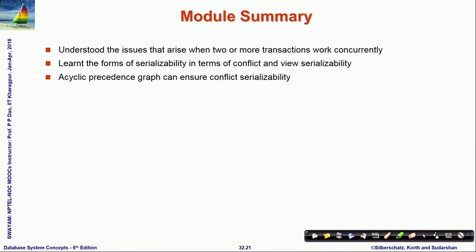So, in this module you have understood the issues that arise in terms of concurrency when 2 or more transactions work concurrently, and very specifically we have learnt about different forms of serializability. In this module we have talked of conflict serializability, view serializability we will take up later on, and we have seen a simple algorithm based on the acyclic precedence graph, which will allow you to ensure whether a given schedule is conflict serializable or not.